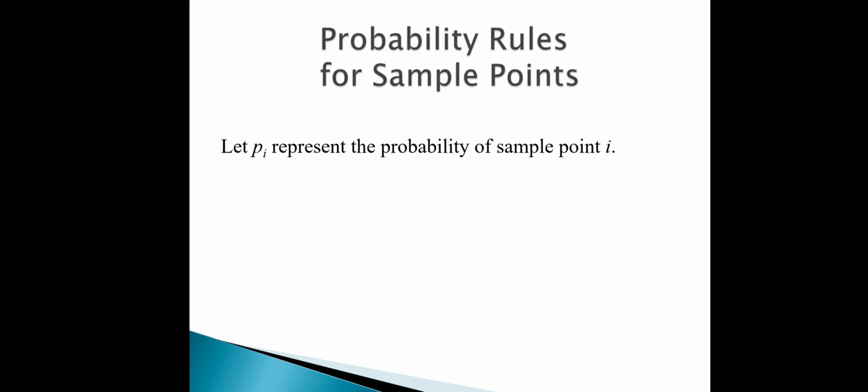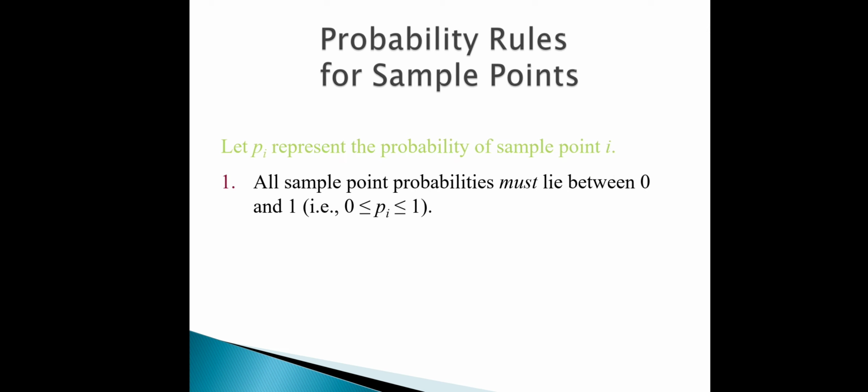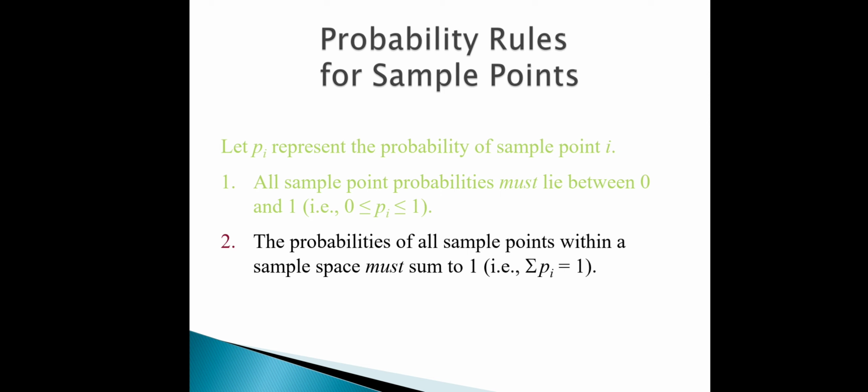Probability rule for sample points: let Pi represent the probability of sample point i. All sample point probabilities must lie between 0 and 1, that is 0 ≤ Pi ≤ 1. The probabilities of all sample points within a sample space must sum to 1, that is the summation of Pi is equal to 1.